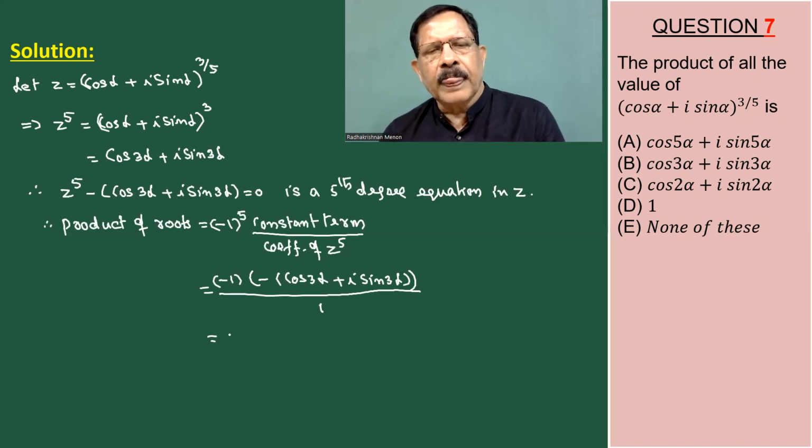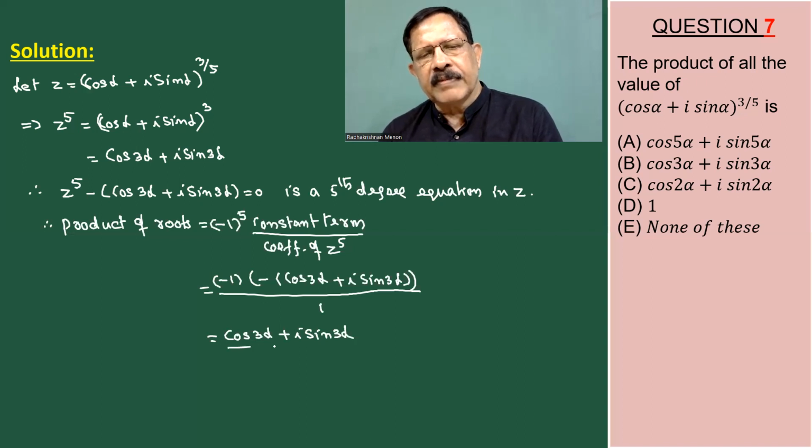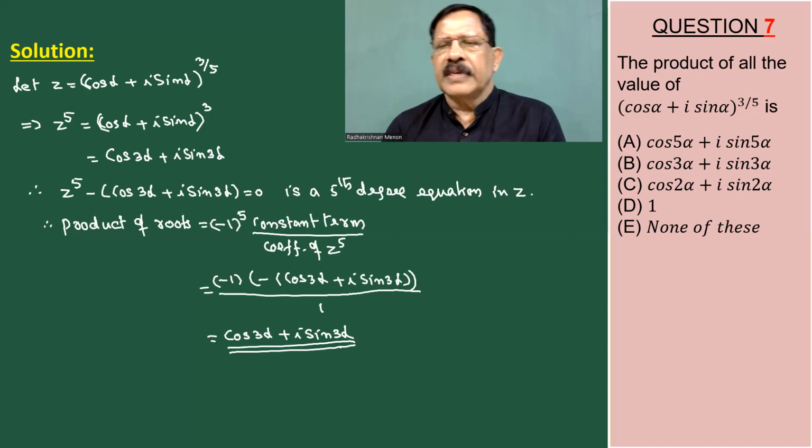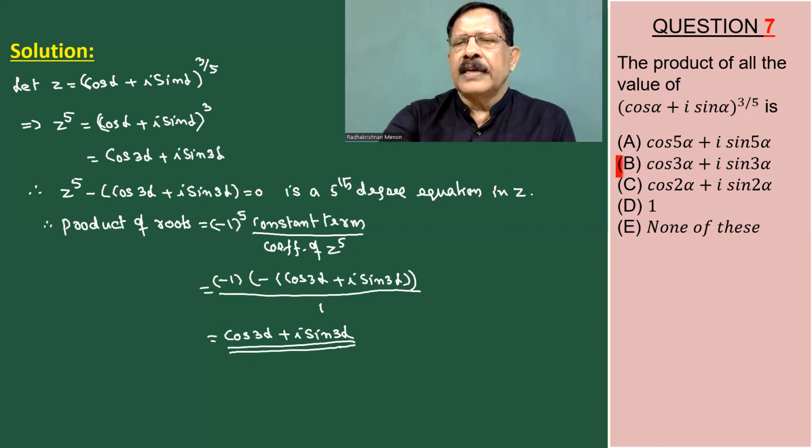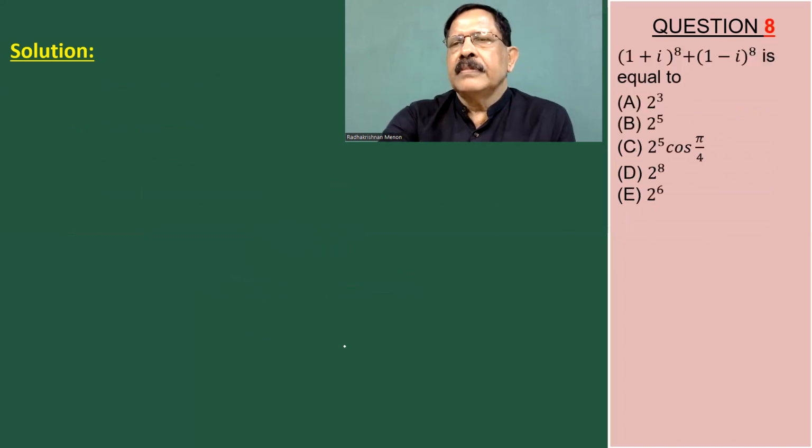So we are getting cos 3 alpha plus I sin 3 alpha. This concept we have studied in our 11th standard. So very important. So answer is option B. Cos 3 alpha plus I sin 3 alpha is the answer.